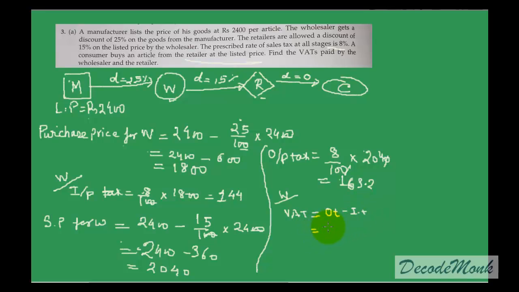The output tax with reference to the wholesaler is 163.2, and the input tax we have found out over here is 144. Calculating this will give you rupees 19.20. So this is the VAT paid by the wholesaler. This is the answer to the first part of the question.